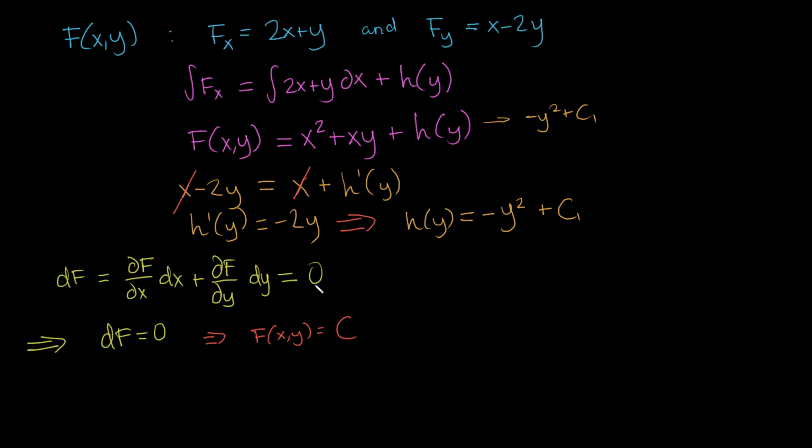So f of xy equals x squared plus xy plus our function of integration, which we solved for as minus y squared plus c1. This is just going to equal some constant called c2. And now you see why the constant isn't really useful, because again, two arbitrary constants you can just morph into yet another arbitrary constant.